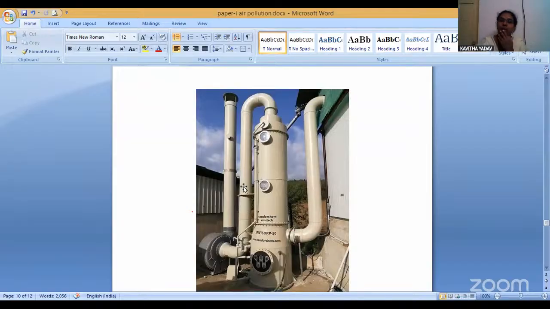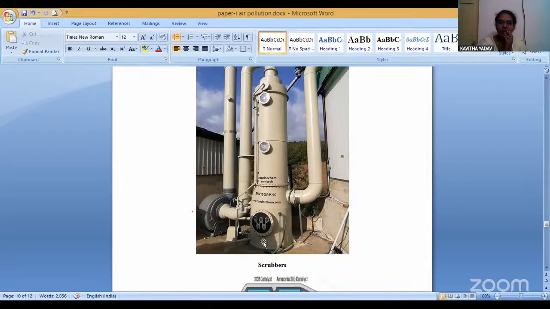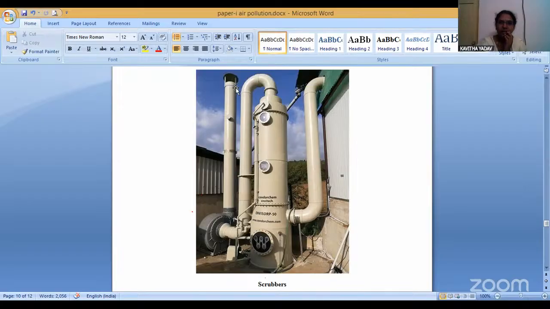What are the chemical industries? So here, this is the scrubber, right? This is the outlet.